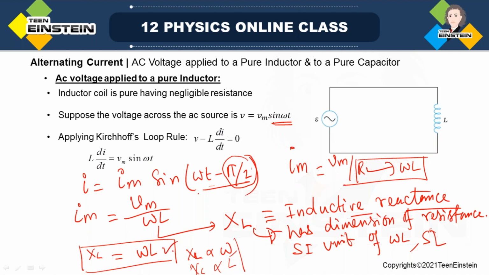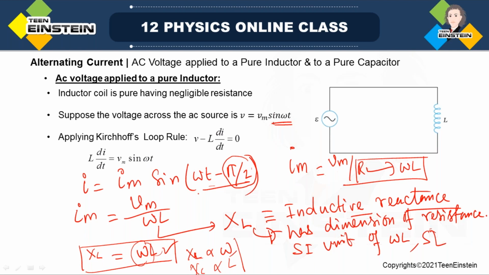So if you want to increase your inductive reactance in the circuit, you have to either increase the signal frequency, or you can take an inductor coil which has more self inductance.